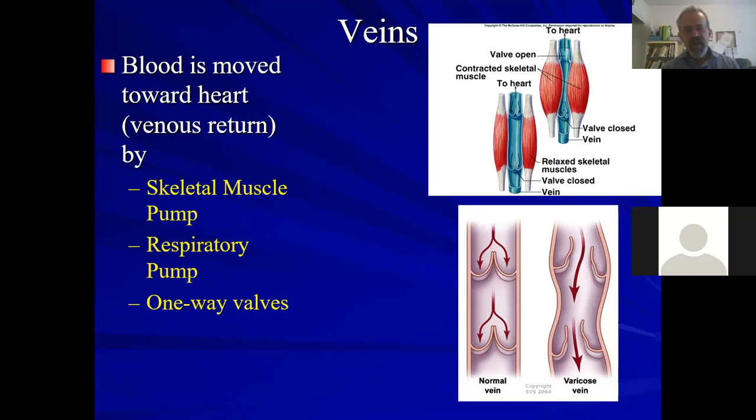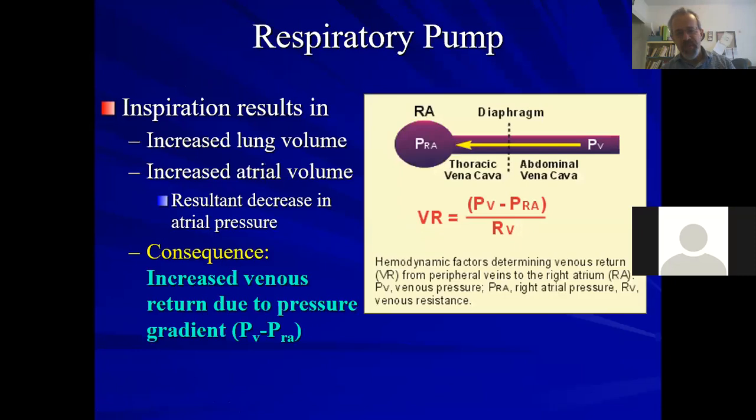All right. Then we have the respiratory pump. This is a topic I mentioned, I think, in the last lecture, or the one before that, but it's worth revisiting. It illustrates the relationship between the respiratory and cardiovascular systems. Every time you breathe, you're helping your circulation. When you breathe, your lung volume increases. This is something we'll cover later on.